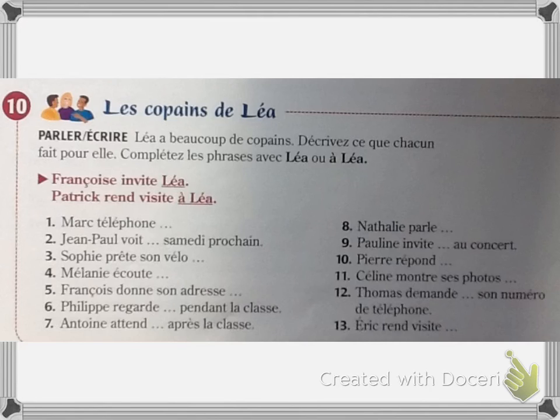So, look at our example first. Françoise invite. Inviter isn't up there on that list in yellow, so it's just Leah. Patrick rend visite. That's up on the list, rendre visite, so it's à Leah. So every time it's either Leah or à Leah. So numéro 1. Marc téléphone à Leah. 2.